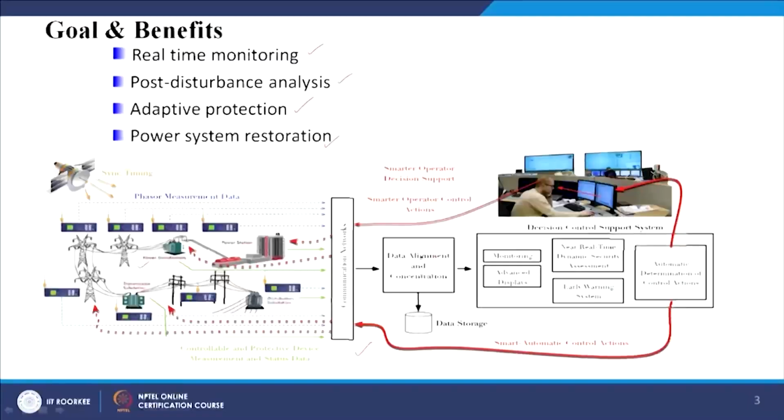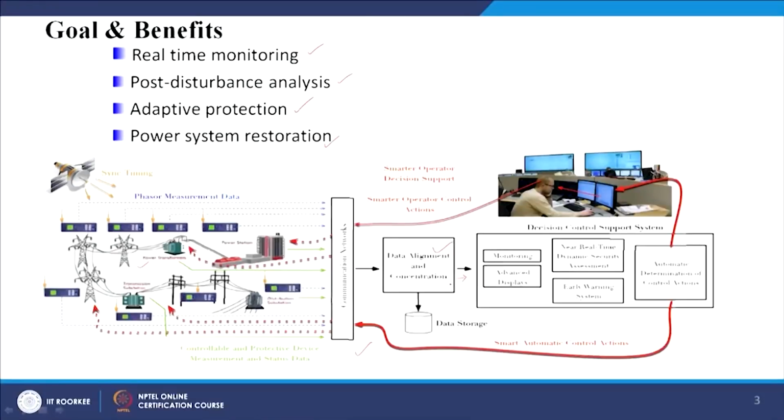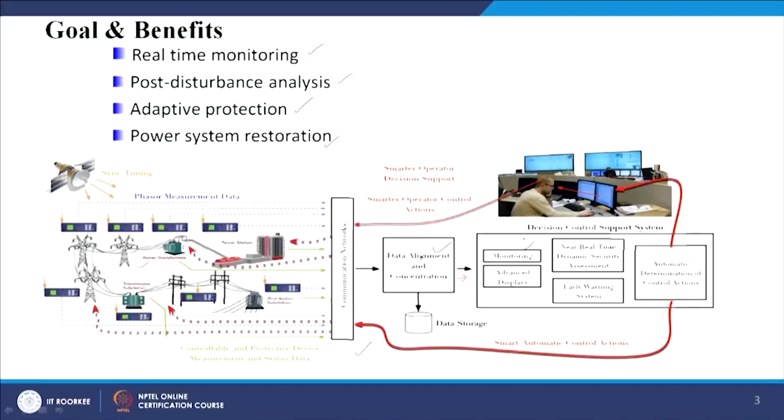Those signals are sent to the data alignment or concentration unit, where we get the data from all the PMUs installed at different buses in the power network or smart grid system. From there we can monitor the voltage, current, power profile, or frequency of different buses. A snapshot of those buses we can always visualize through the monitoring section of our WAMS.